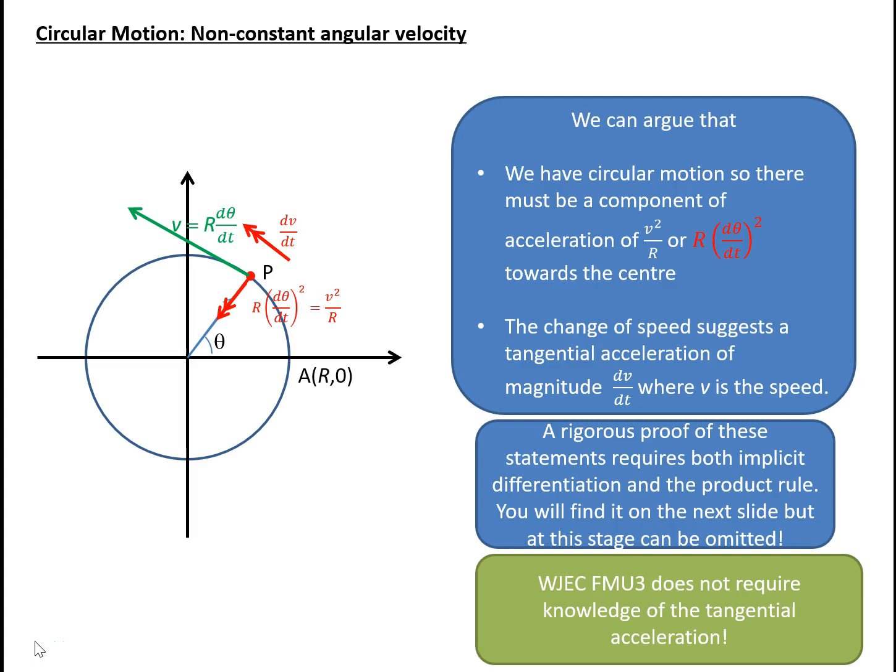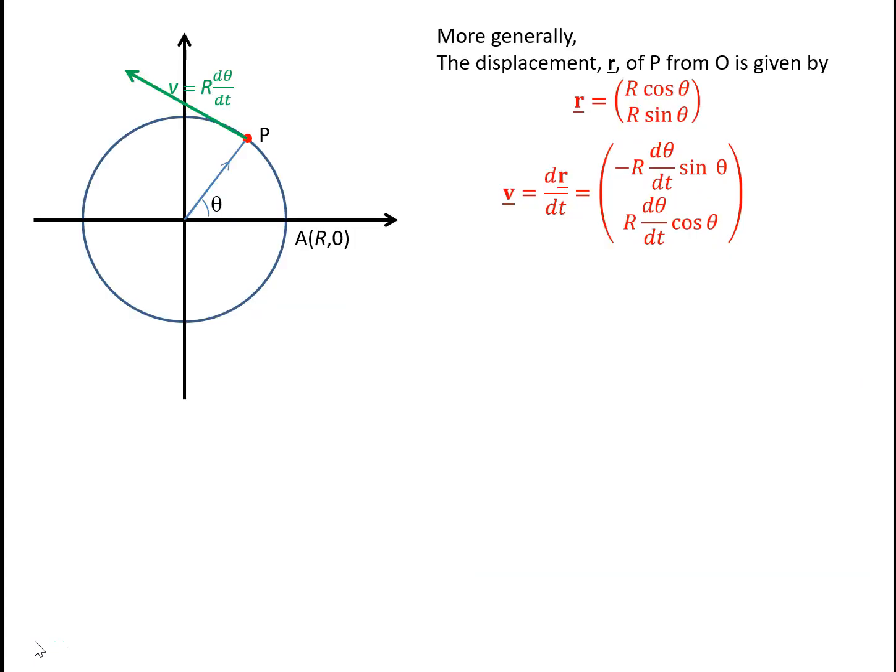So let's now just try quickly to see the rigorous proof of this. We've already established that v, that is the velocity, is minus r dθ/dt sin θ, r dθ/dt cos θ.